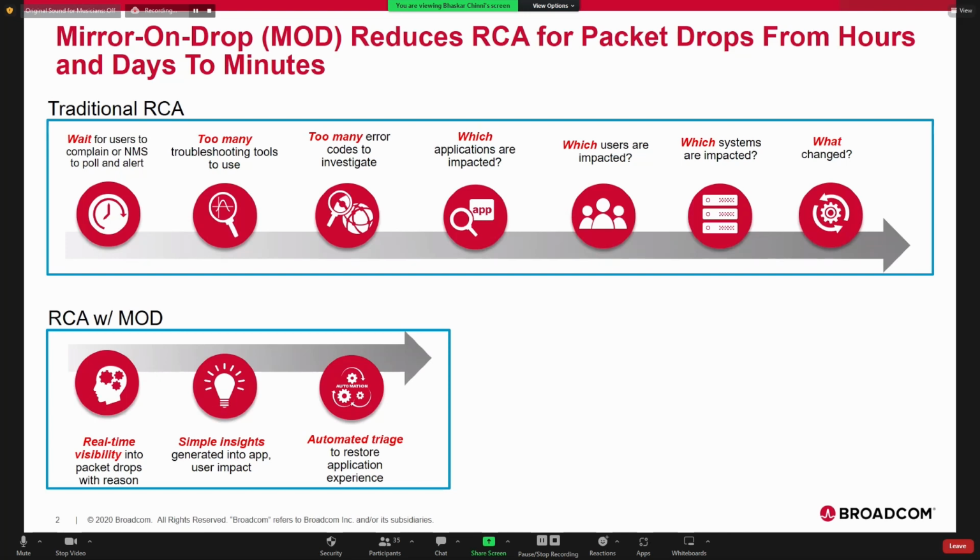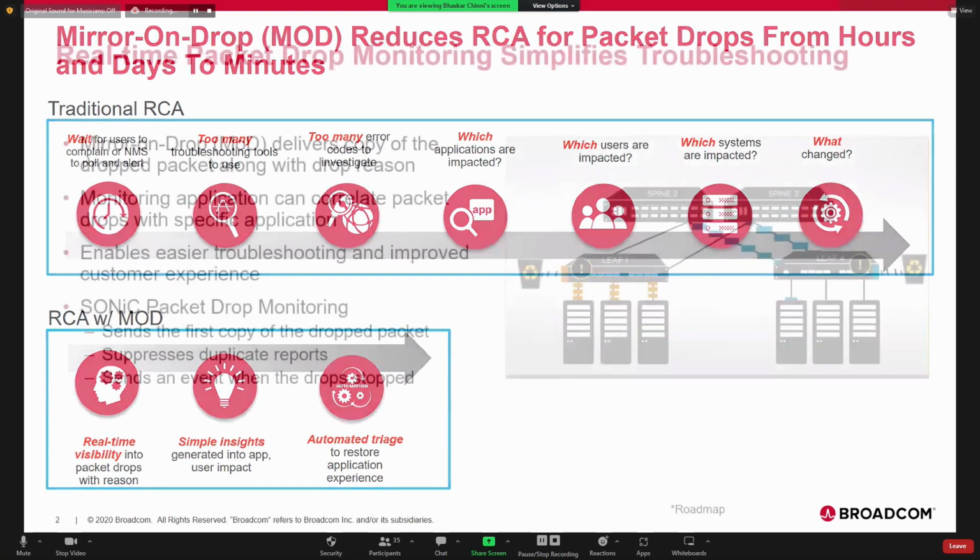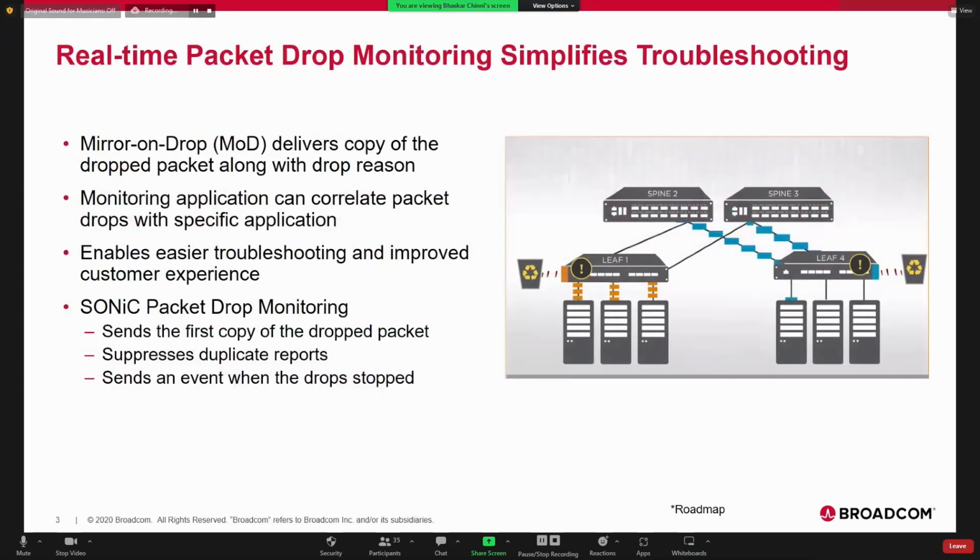That will enable the operator to come up with a dashboard that is very useful for users, and it will also help root cause the issue very quickly, because it is all happening proactively in real time.